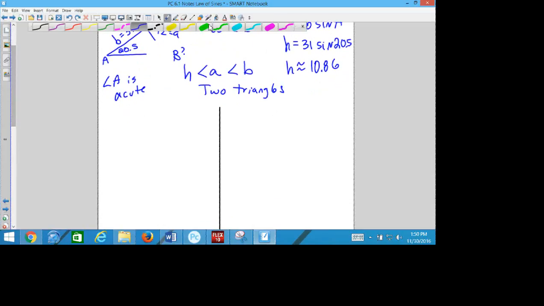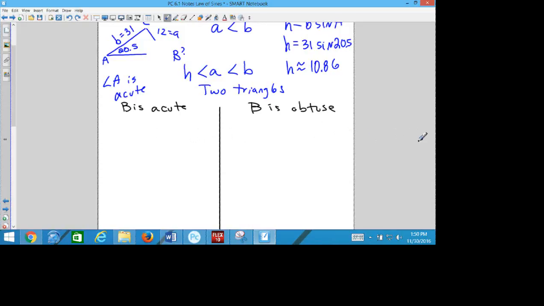Okay, our 2 choices would be that angle B is acute, or angle B is obtuse. So these are the 2 triangles you're going to get. You're going to get one where B is acute. You're going to get one where B is obtuse. Angle B being acute is going to give us a triangle that looks like this.